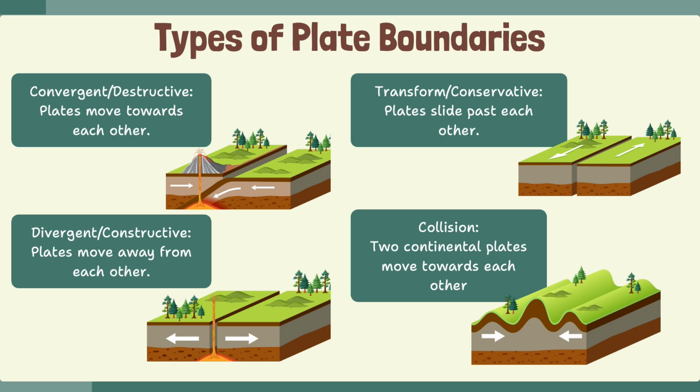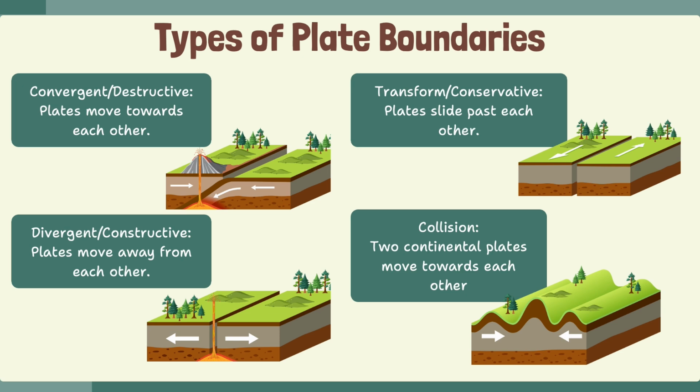Because of them moving towards each other, they cause violent earthquakes and volcanic eruptions. So their effects are destructive. However, that's when 2 plates move towards each other. Again, for now I'm just saying 2 plates. When I get to the 4th one, I'll specify it more. But in essence, it's 2 plates moving towards each other.